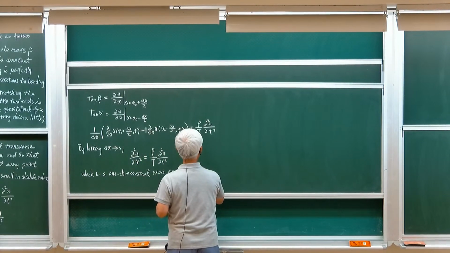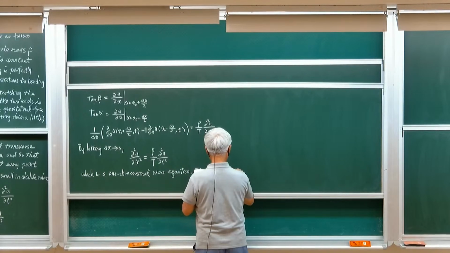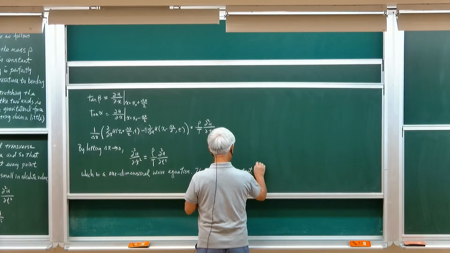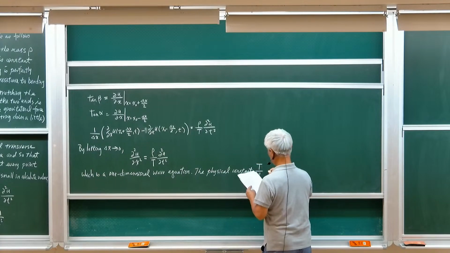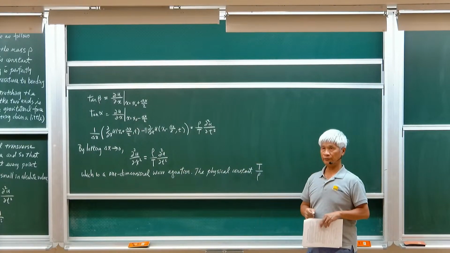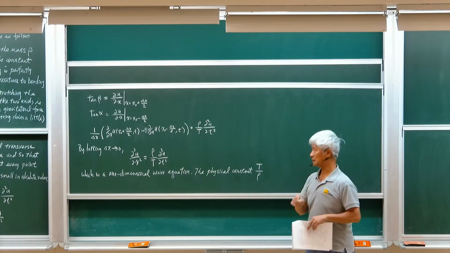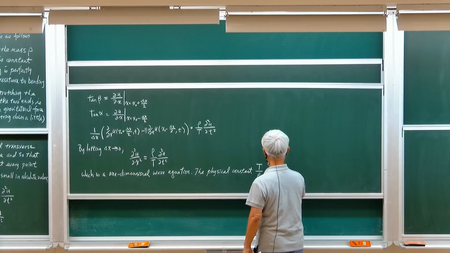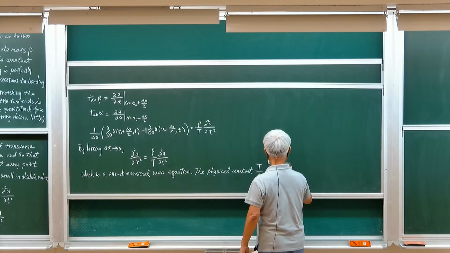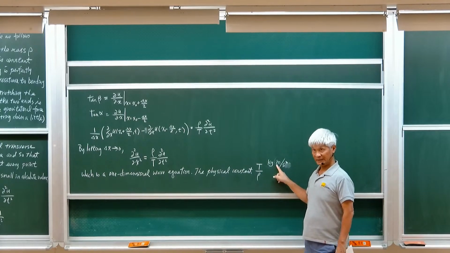And the physical constant is tension divided by rho. And the tension is the force in Newton, right? But what is Newton? 1 Newton is kg times m over second square, because this is the mass and this is the unit of acceleration.